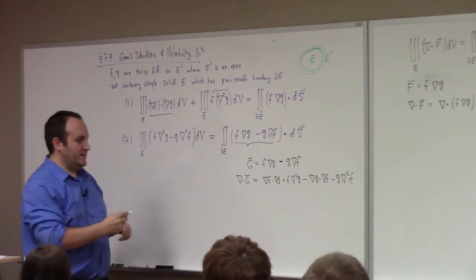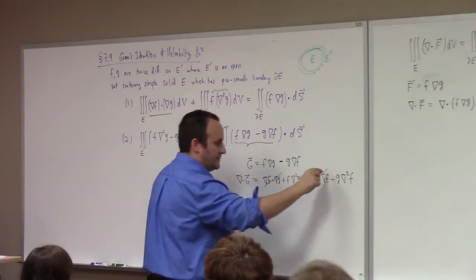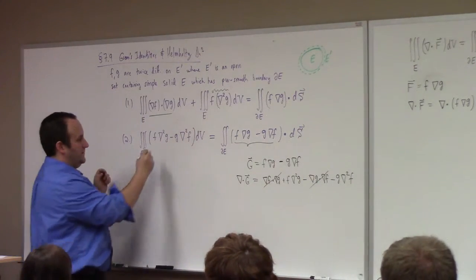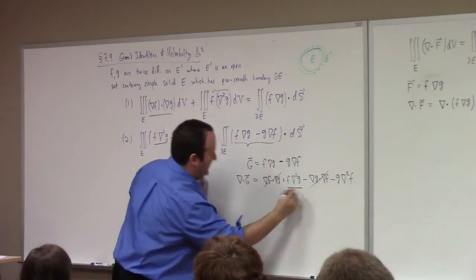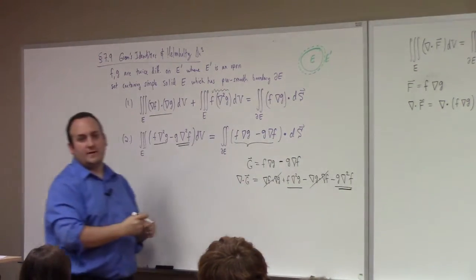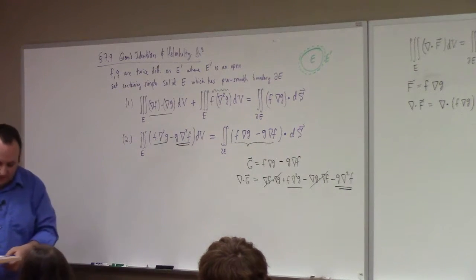The dot product being symmetric, these guys cancel. Commutative cancels, right? And what are you left with? This guy and this guy. And again, the divergence theorem completes the idea.